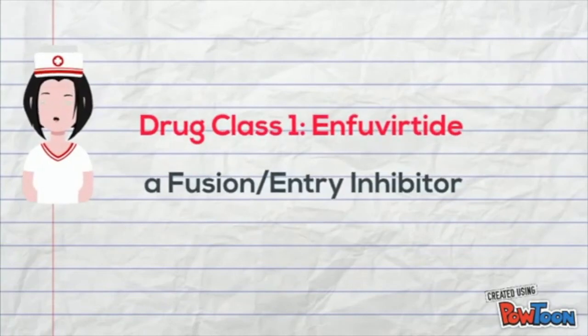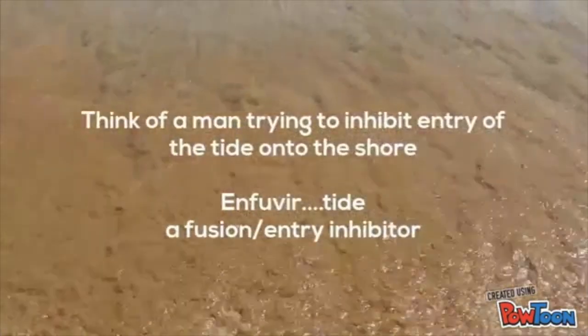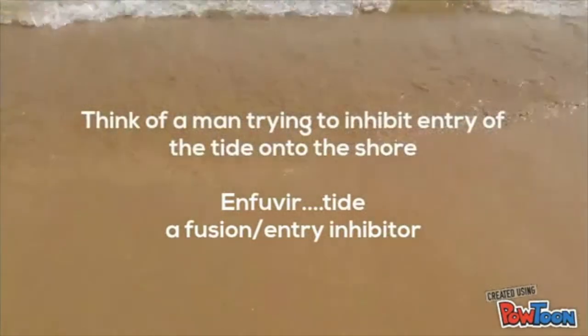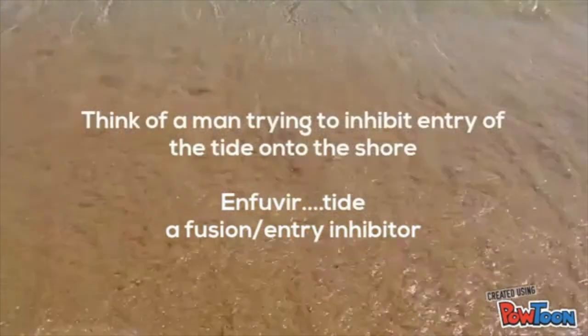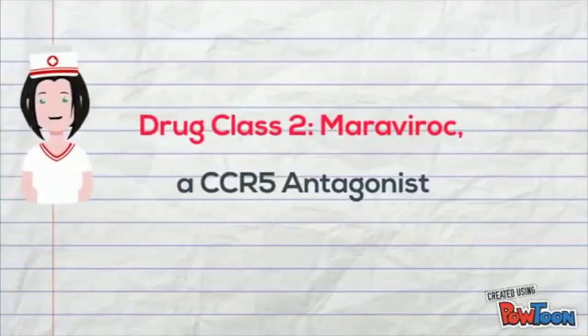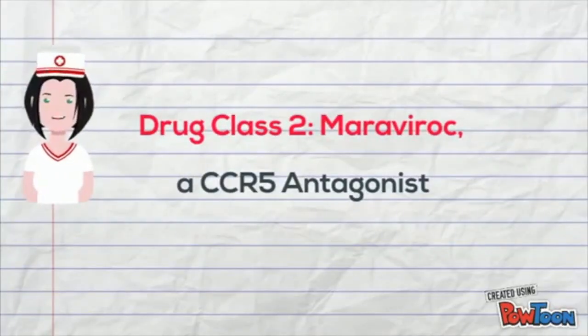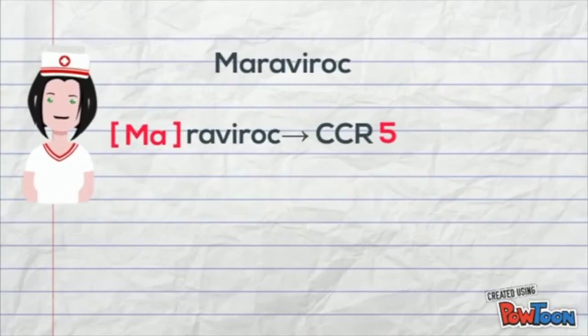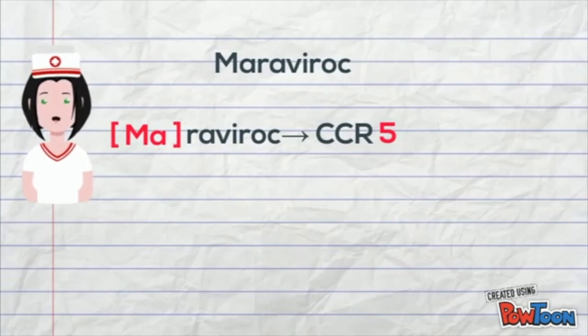Drug class 1, enfuvirtide, a fusion entry inhibitor. Think of a man trying to inhibit entry of the tide onto the shore. Enfuvir, tide, a fusion entry inhibitor. Drug class 2, maraviroc, a CCR5 antagonist. For maraviroc, think Ma in maraviroc and CCR5.